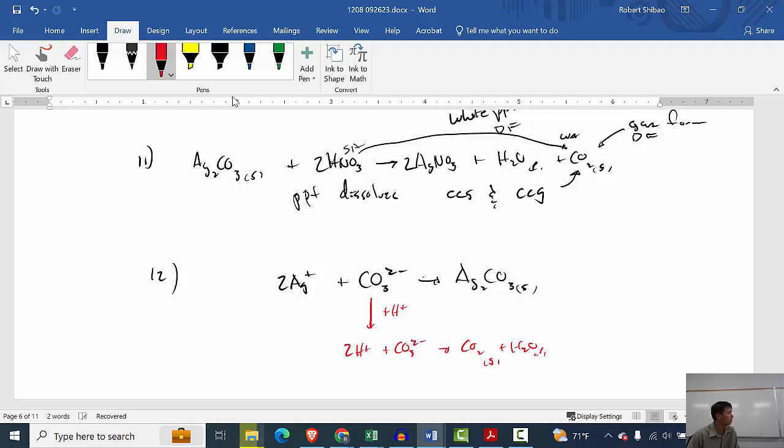CO2 is a gas, so as I remove the carbonate, it shifts the equilibrium to the left. So originally we precipitated it out, and now we're dissolving it by shifting it to the left. But we're not just dissolving it, we're also attacking the carbonate and converting it to CO2 and water.